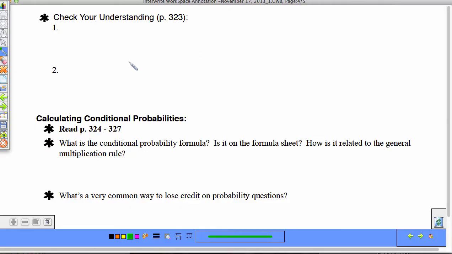Okay, let's look at the check your understanding on page 323. Number 1 wants to know the probability that one returns safely, which is 0.95.